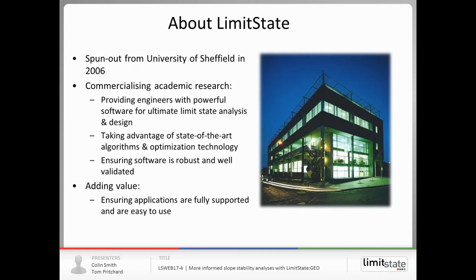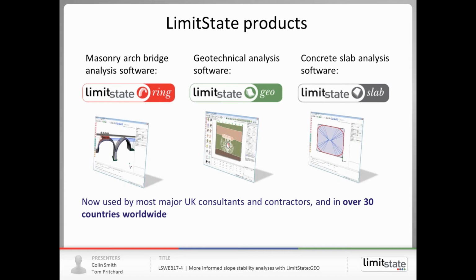The company has 4 products at present: LimitState Ring, LimitState GEO and LimitState Slab, and not on this slide another product called LimitState Form, which is optimized structural and mechanical design. And these software packages are used by both consultants and contractors, large and small, in over 30 countries worldwide.